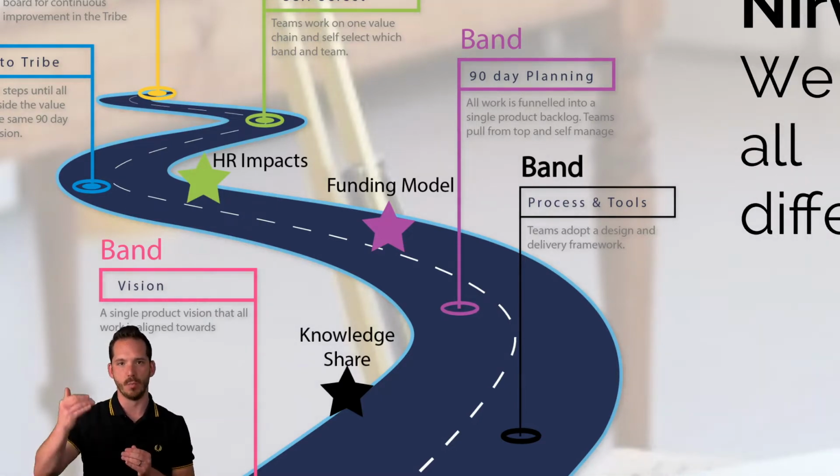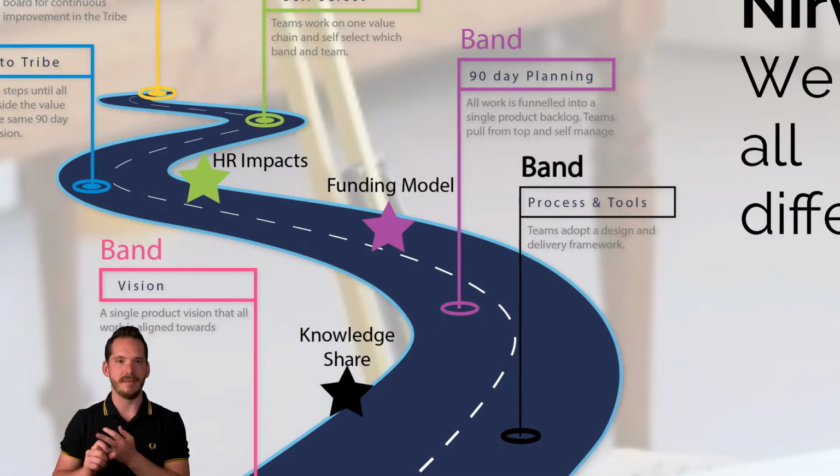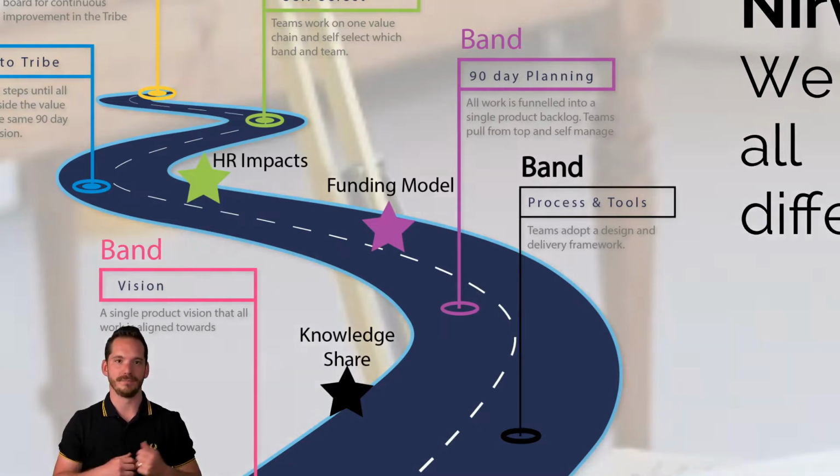Once you've proven it works, the funding model comes next. Fantastic if your finance teams are on board, or if you're in finance right now and you're going, well, I have no problem with that. It has a higher IRR, internal rate of return. It has a higher ROI, return on investment, return over assets. Ex-accountant, sorry. Great.